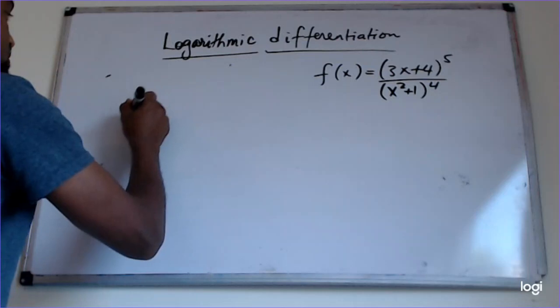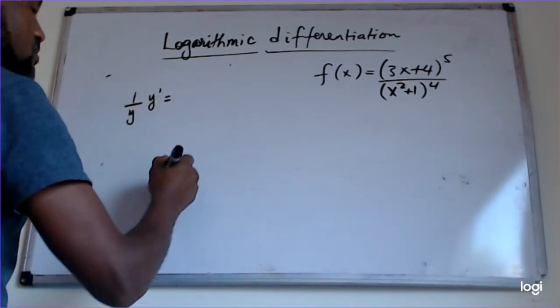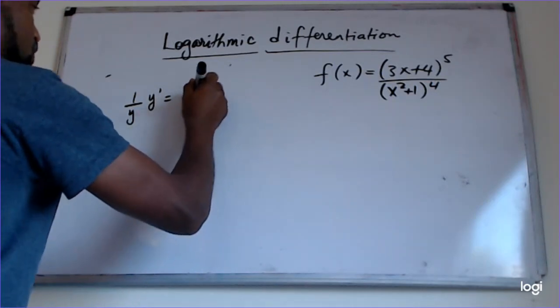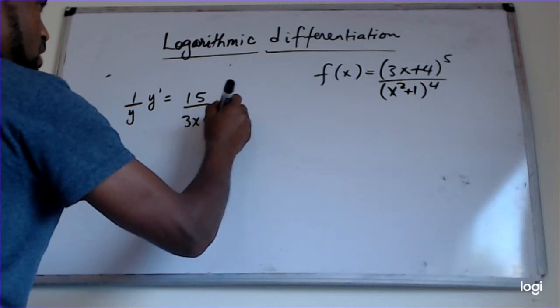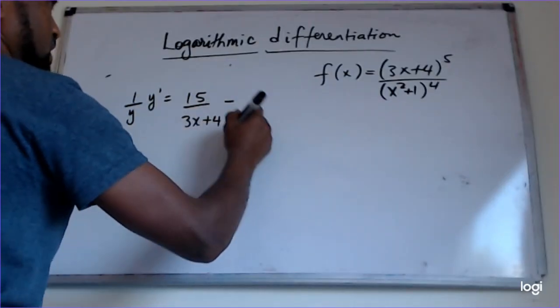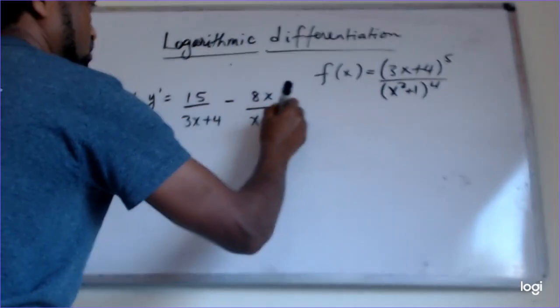I had 1 over y times y prime equals 15 over (3x plus 4) minus 8x over (x squared plus 1).